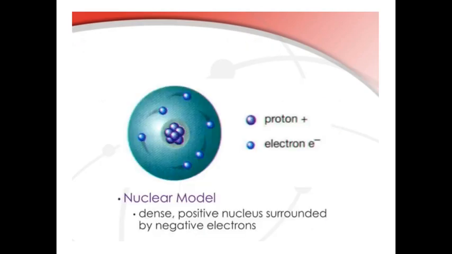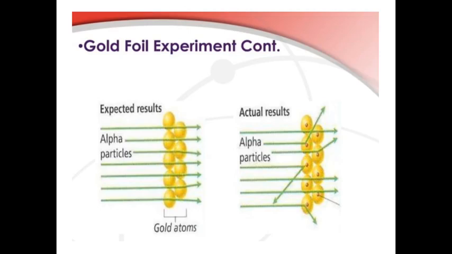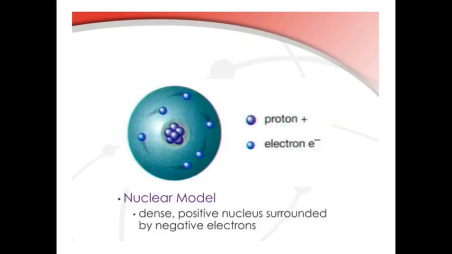So as a result, he said that something must be responsible for the deflection. He later came up with the idea that there is a large mass at the center of the atom, and that large mass was called the nucleus.